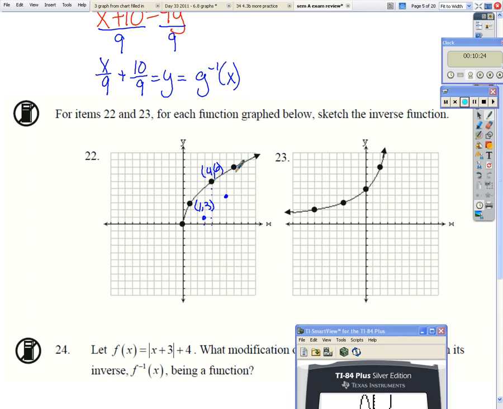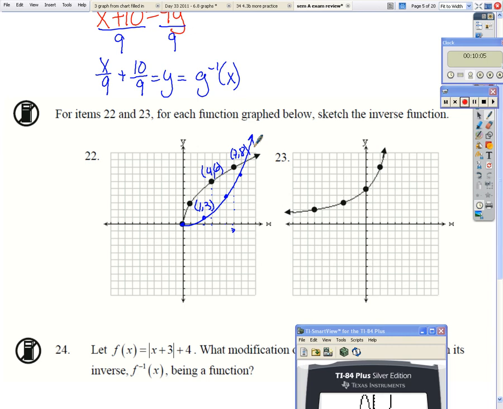And then lastly, this point is at 1, 2, 3, 4, 5, 6, 7. This is at 7, 8, so I'm going to graph 8, 7. 0, 0, when I switch that, is still 0, 0. There's the inverse.